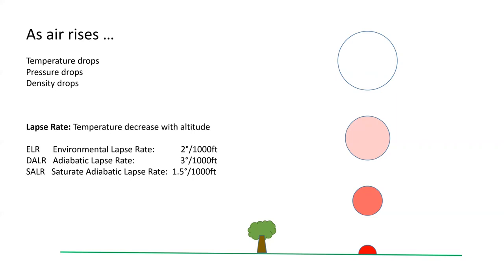And then we've got those inherent characteristics of a parcel of air that we really care about, that give us a different lapse rate. And one's called the dry adiabatic lapse rate. Adiabatic meaning changing with pressure.